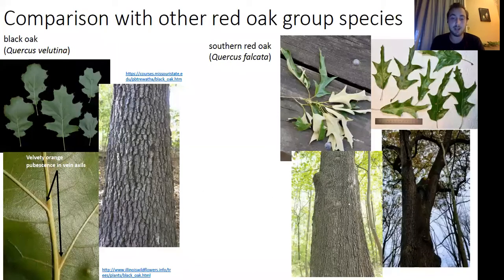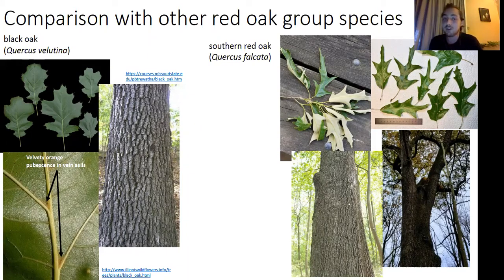So I just want to give some comparisons with the species that I had mentioned at the beginning. This is not encompassing all the oak and hickory species within this region, but these are a selection of the most common. Our black oak looks a lot like our northern red oak, except for its bark being much more platy, having plates that you can kind of draw a perimeter around, as well as having a velvety orange pubescence in the vein axils on the underside of the leaf that is not apparent in northern red oaks.